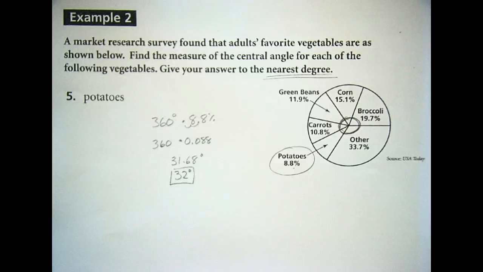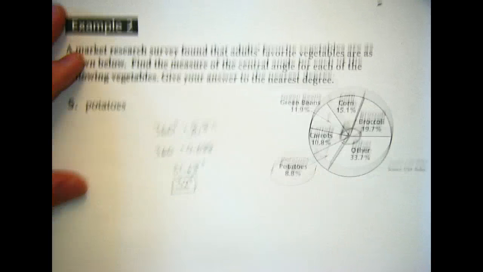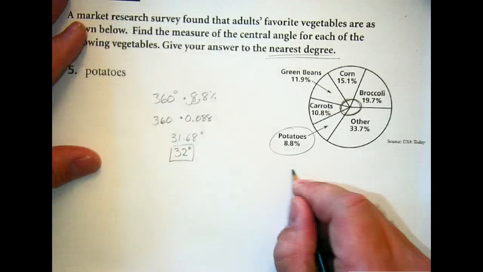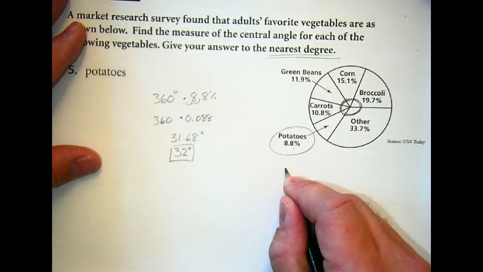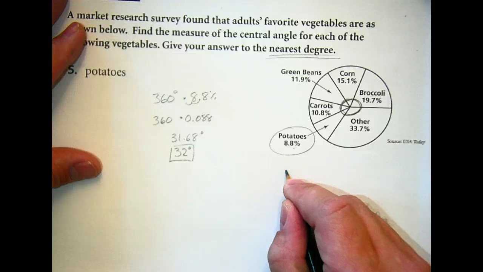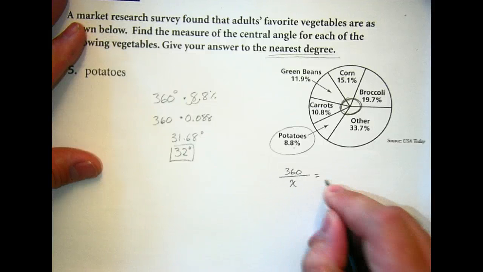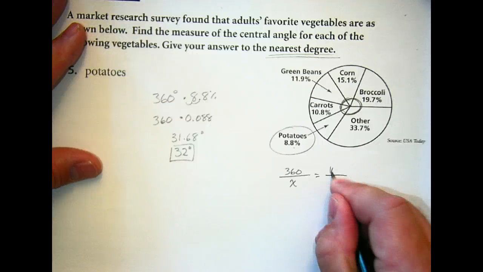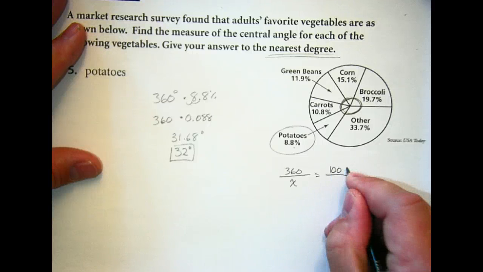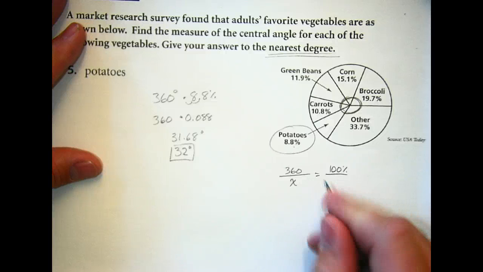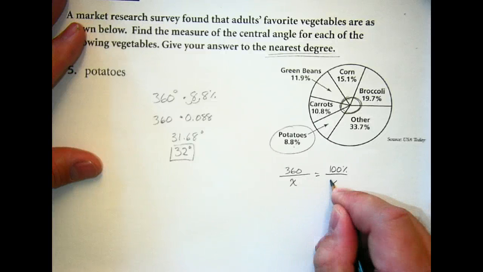Well done. Grace. Well, I said that's like 100 over 8.8 is equal to 360 over x. Good. So you used a proportion. So you said 360 degrees over x degrees is equal to 100 over 8.8%.